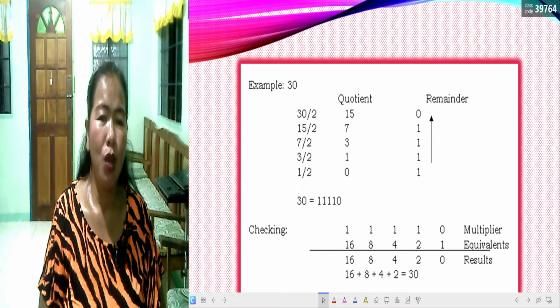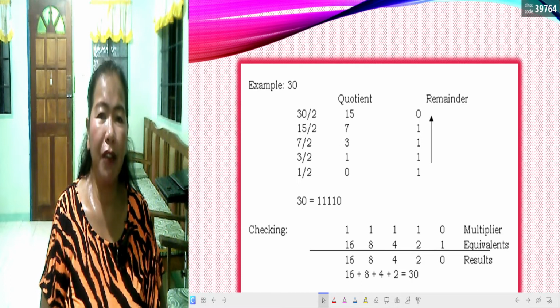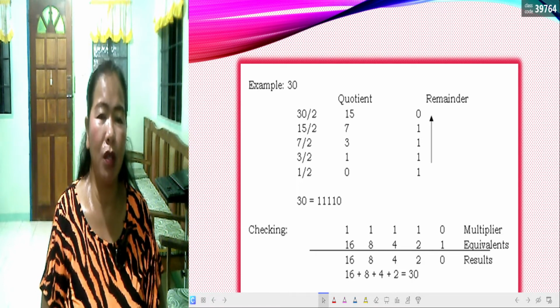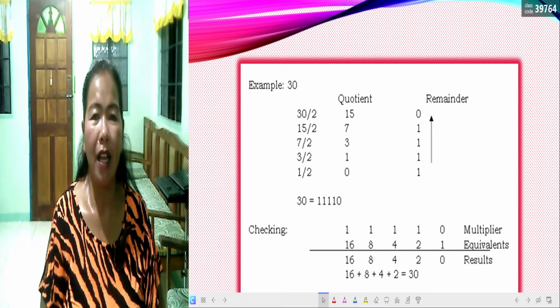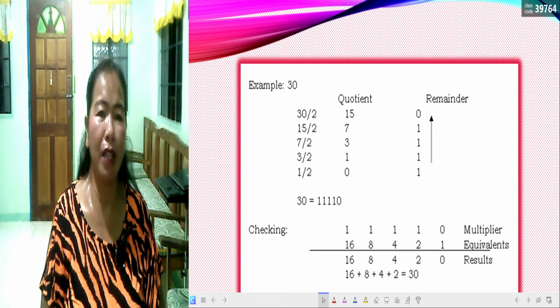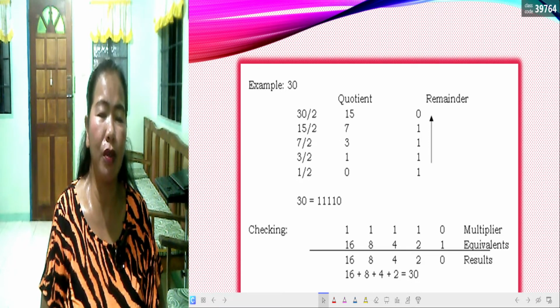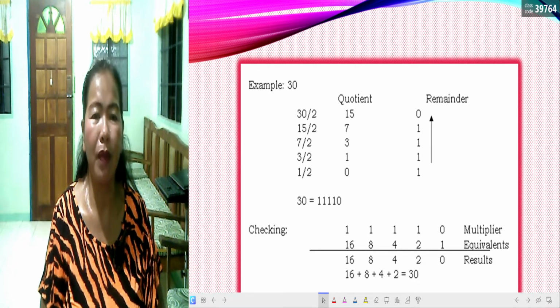So this time, you have to add all those multiplier equivalents, those under the ones. But for the zero, that would be zero because you have to multiply that by those numbers. So 1 times 16 is 16, 1 times 8 is 8, 1 times 4 is 4, 1 times 2 is 2, 0 times 1 is 0.